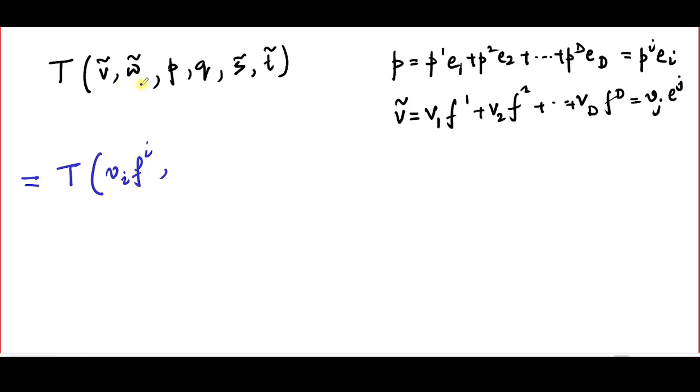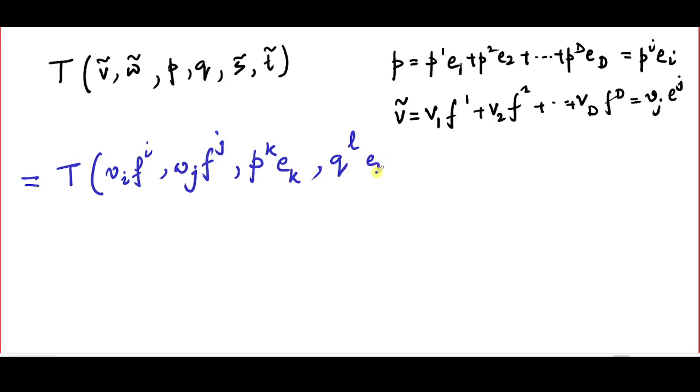W tilde again is a covector, has components and is expressed in the same basis as V tilde is. So Wj Fj. P and Q are vectors, so they use the Ei as basis vectors. So I will write this as Pk Ek. Note, of course, that I am using different dummy indices just so that we don't confuse one with the other.